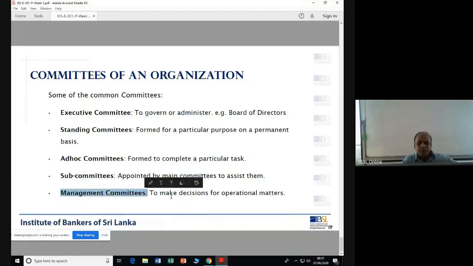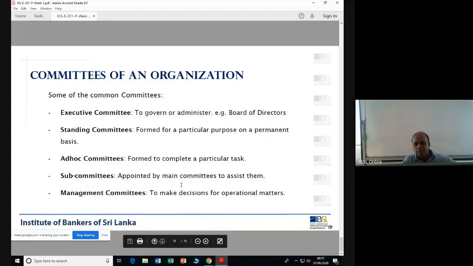Then management committee, very important. I told you that the executive committee will look to this management committee to take the decisions pertaining to operational matters. So the management committee, when it comes to banks, is very important. We have a management committee called ALCO.